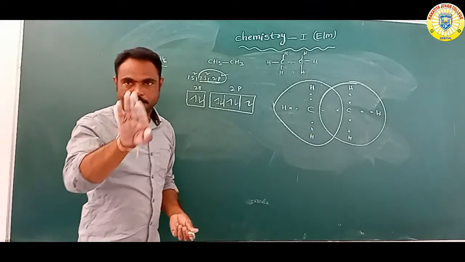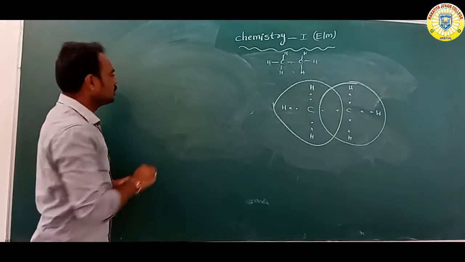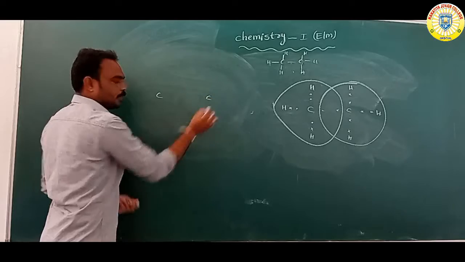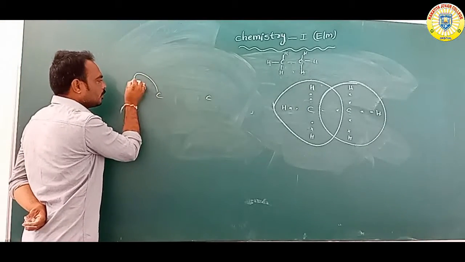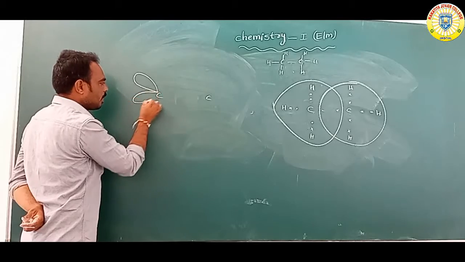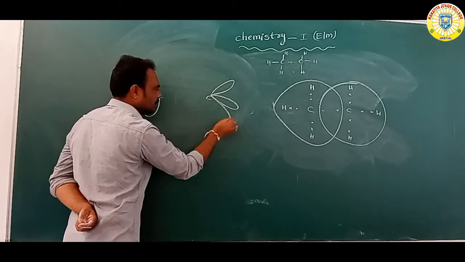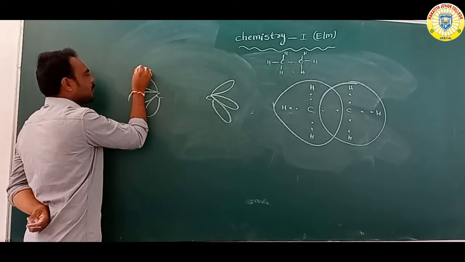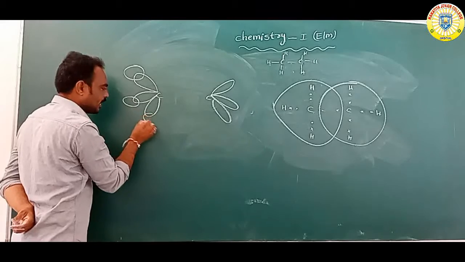Now another way to show it, with orbitals. Suppose carbon and carbon: this carbon has orbitals, one orbital attached to one hydrogen, another to another hydrogen, and another.